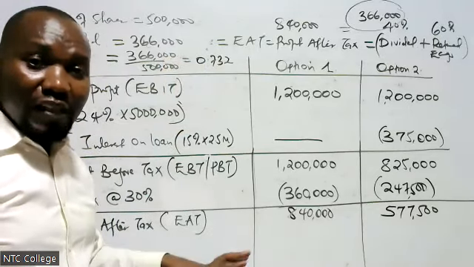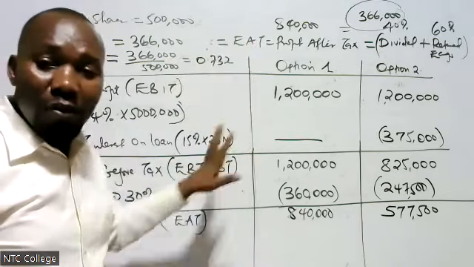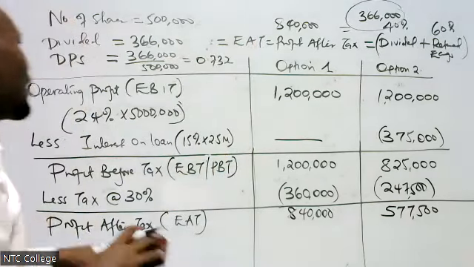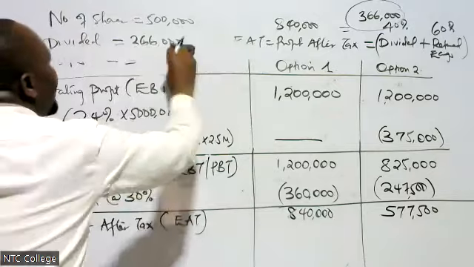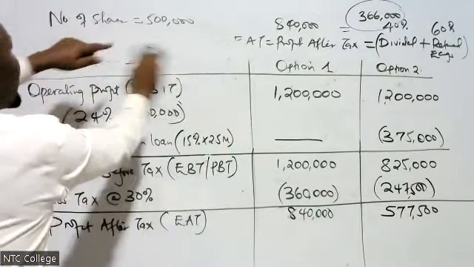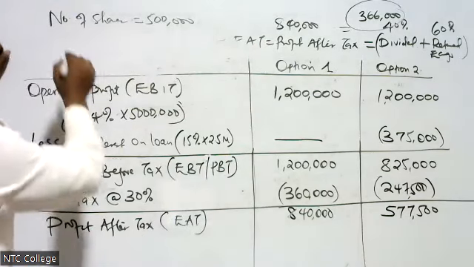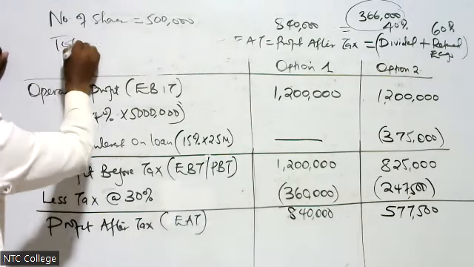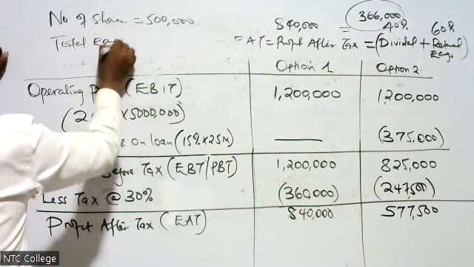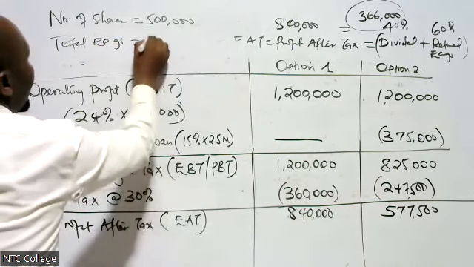The same way we can get dividend per share, we can also get earning per share. Now, earning per share is the total earnings over the total number of shares. So if this is the number of shares that we are having, then we have total earnings of 840.